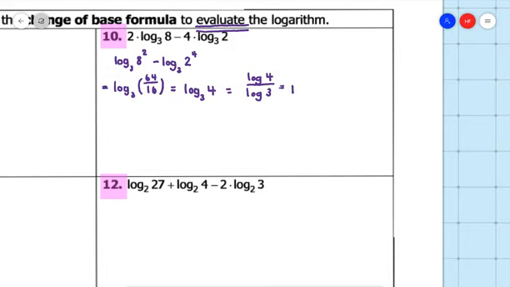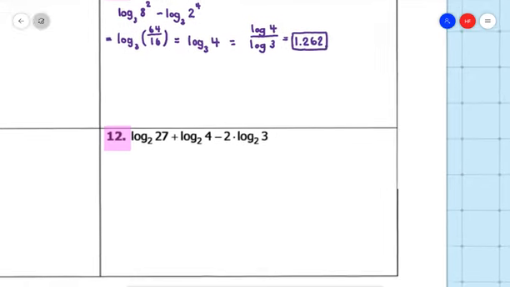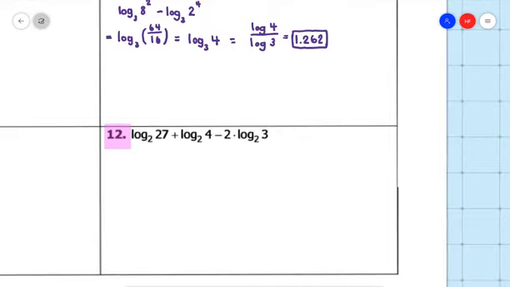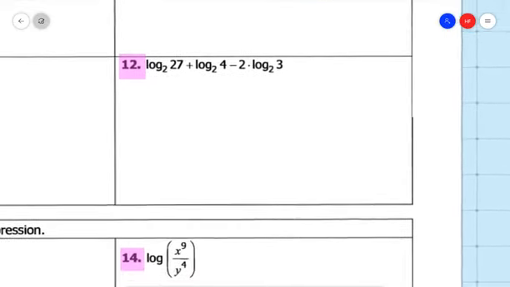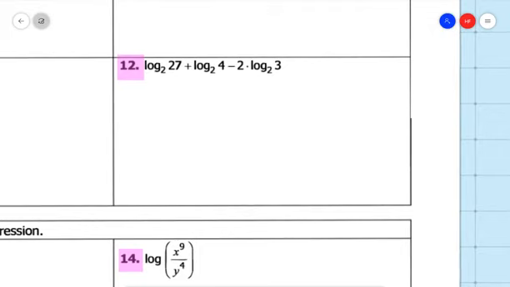And we get 1.262. So first we condensed to get it to log base 3 of 4, and then in order to evaluate we needed to use the change of base formula, so we used base of 10, and then we got our answer as 1.262.